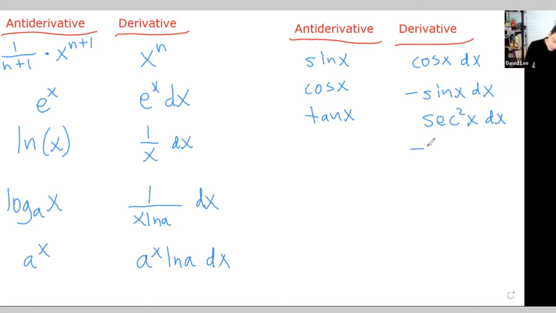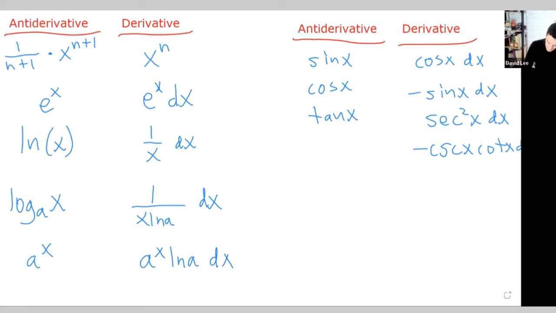Okay, this one here. Oops, let me bring back my whiteboard. I think I just lost it. Let me just type this a little bit smaller. Negative cosecant cotangent, that would have come from cosecant.